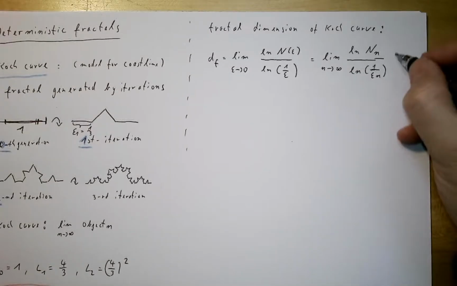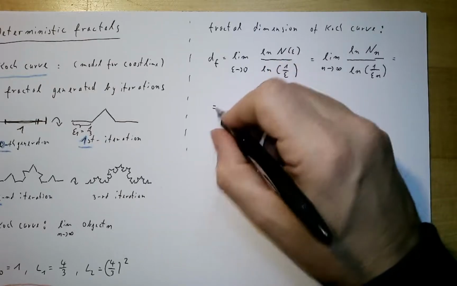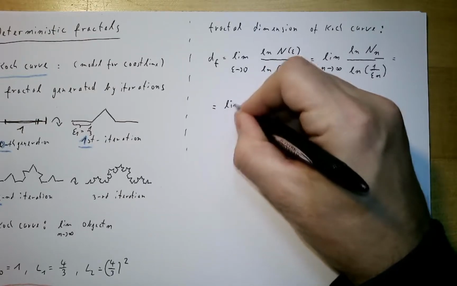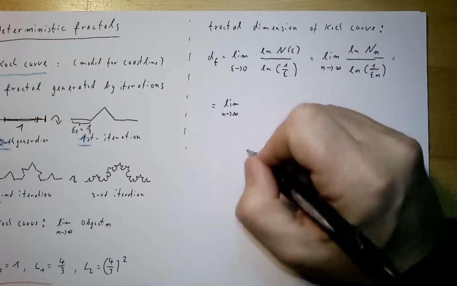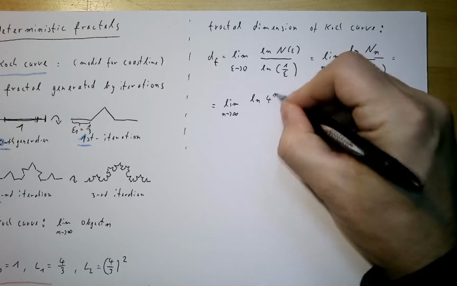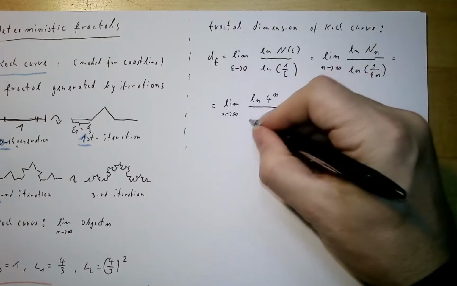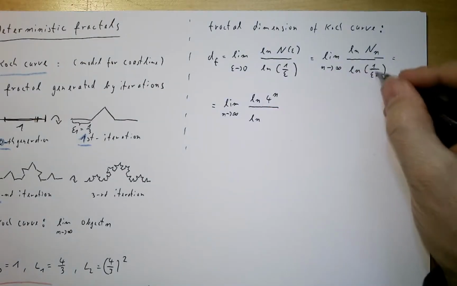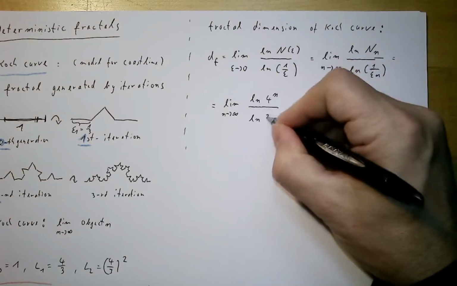And then we can plug this in. So we need now the limit n goes to infinity of the logarithm of 4 to the power n, divided by the logarithm of 1 over epsilon. Epsilon is 1 over 3 to the power n, so 1 over epsilon is 3 to the power n.